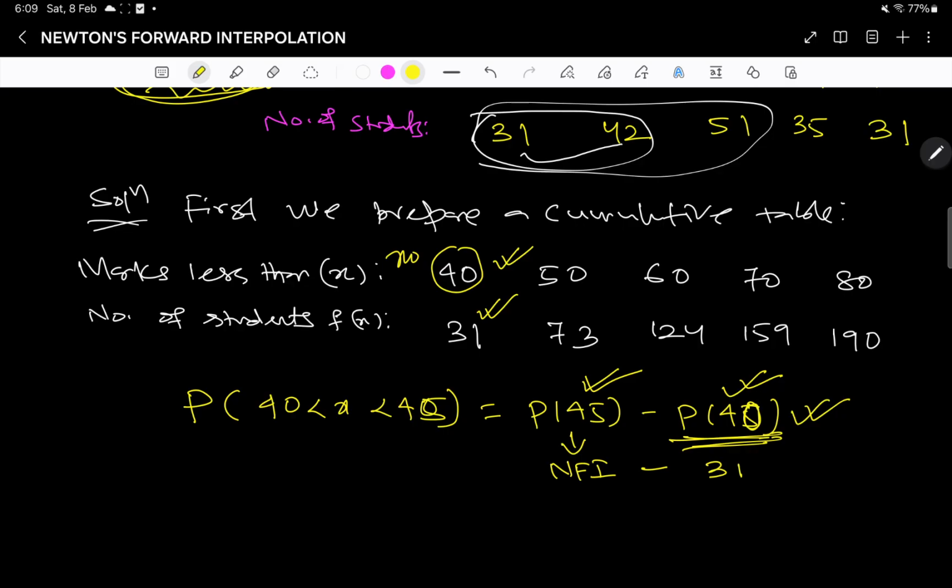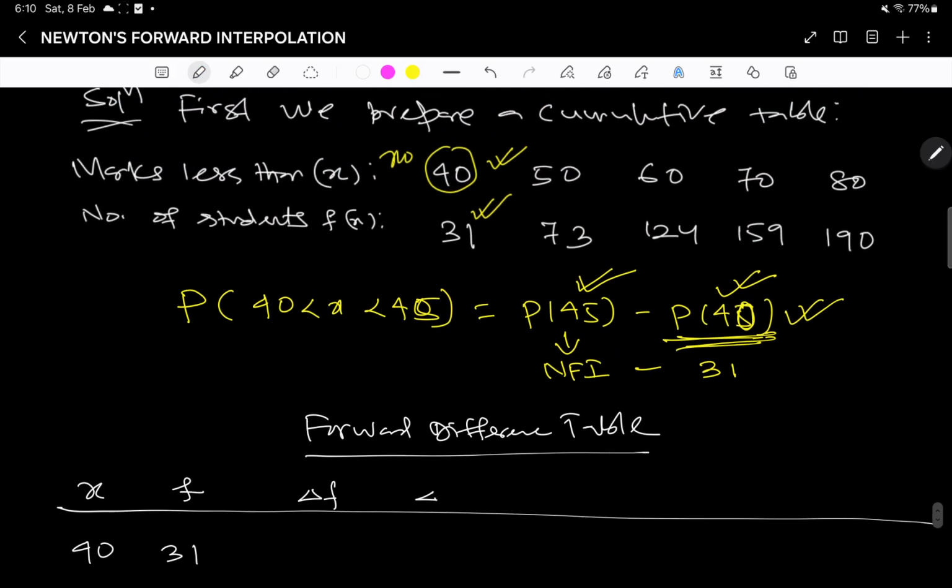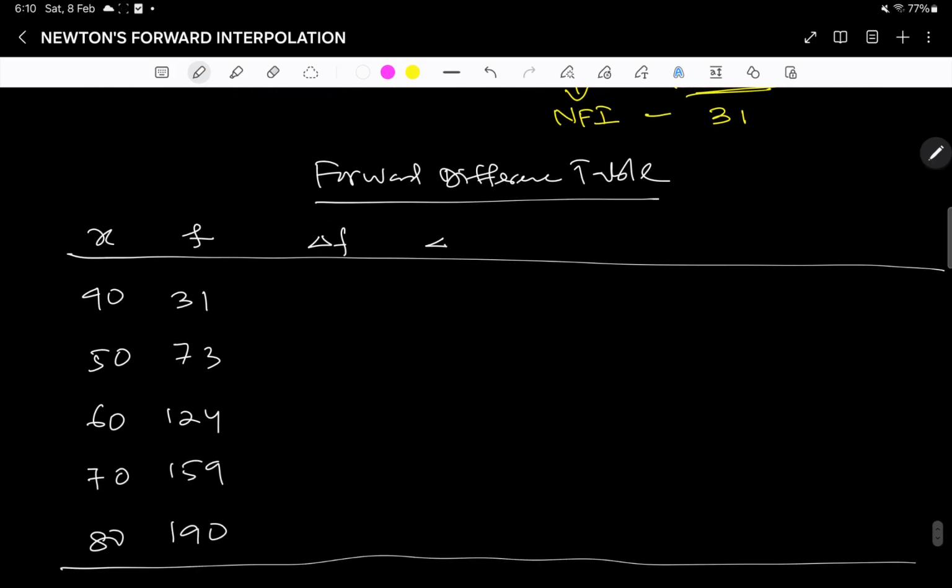So I compute the difference table as follows. I just tabulate it. This is x and this is f. For my first order del f, it is 73 minus 31, it is 42. Then 124 minus 73, 51, and likewise 35 and 31.